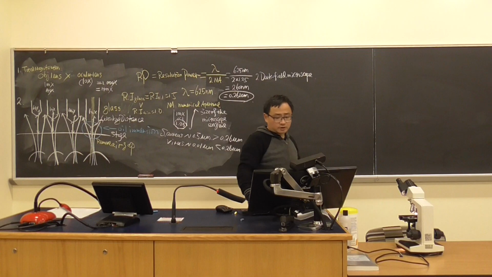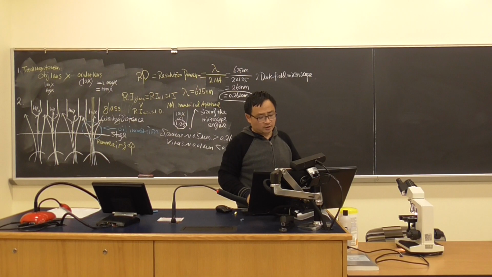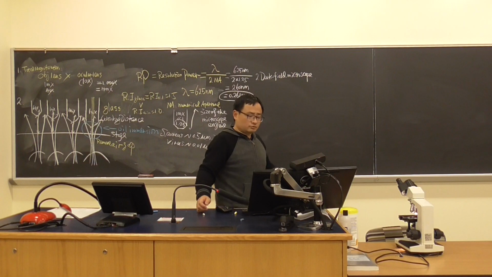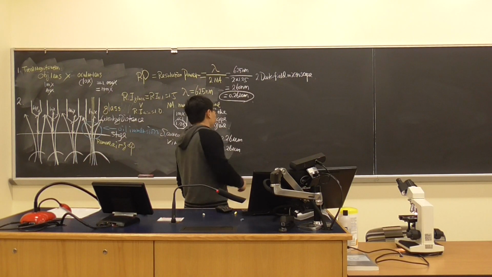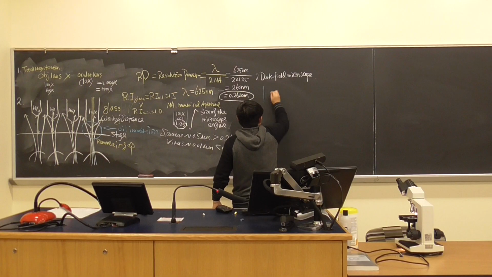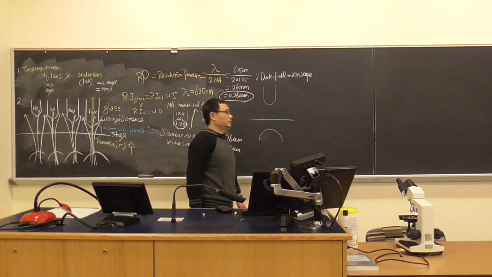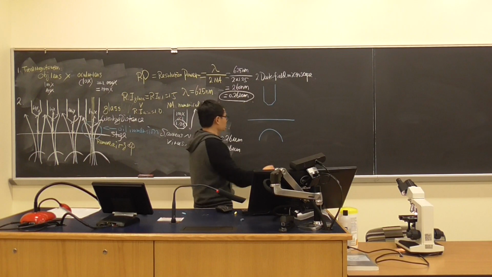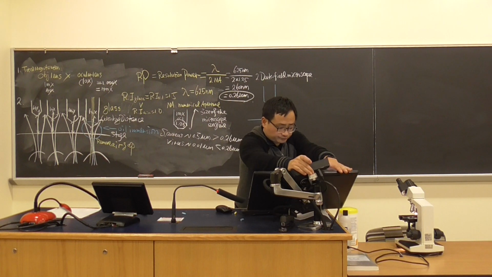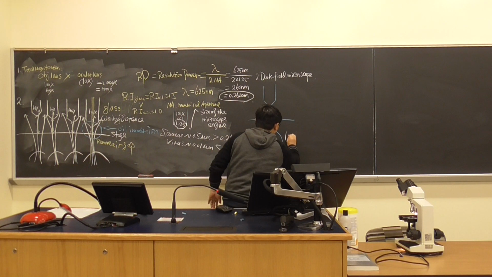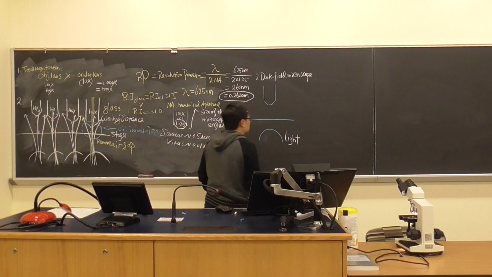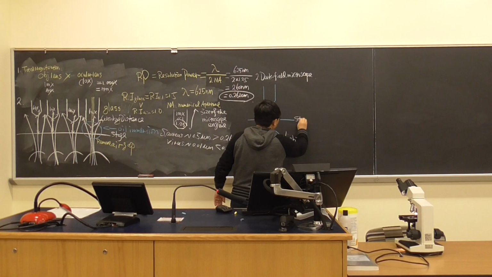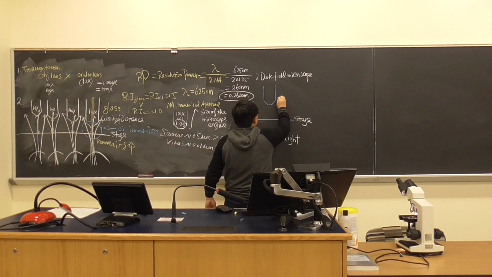You can look at your slides if you have a computer or have printed them out. So what is a dark field microscope? We can draw here. We have light, we have a stage, we have this lens.